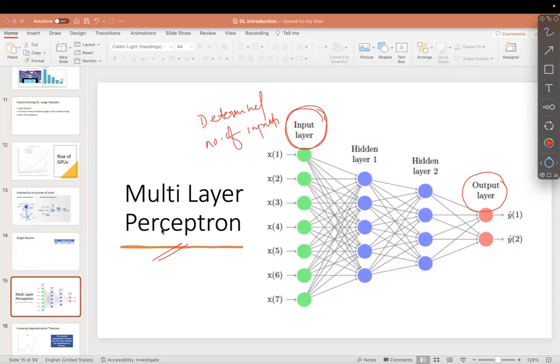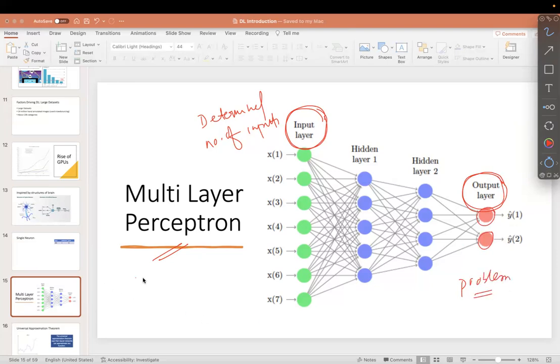For example, in our case of predicting the price of a house, probably two neurons, right? One is square feet or bedrooms, or if you take more features of the house, that means the number of inputs.